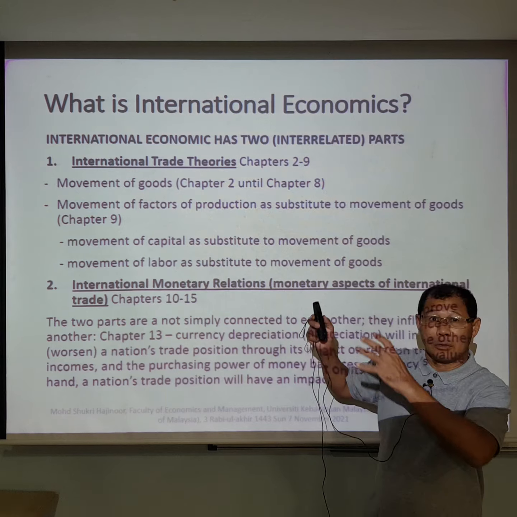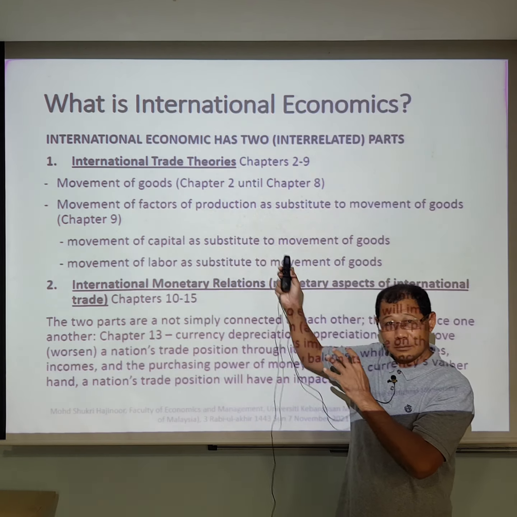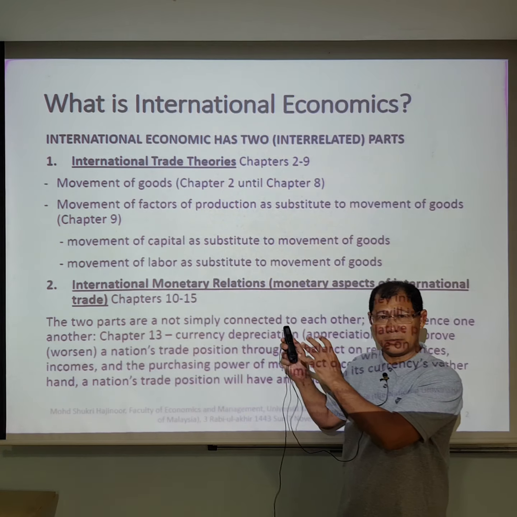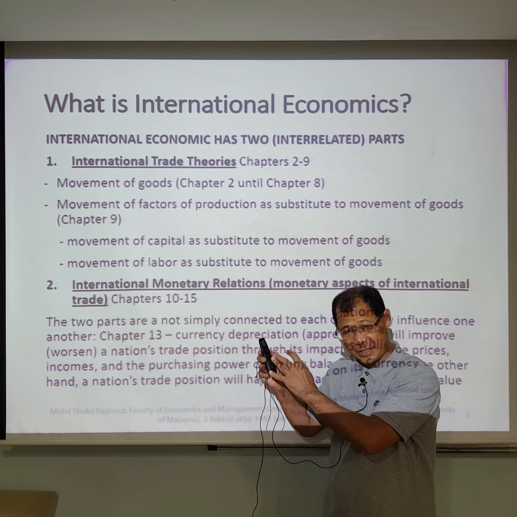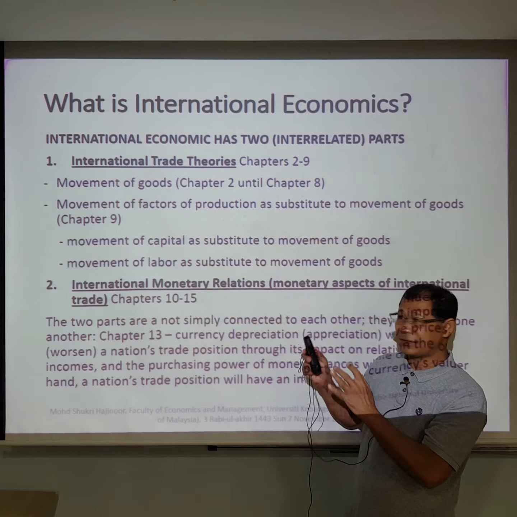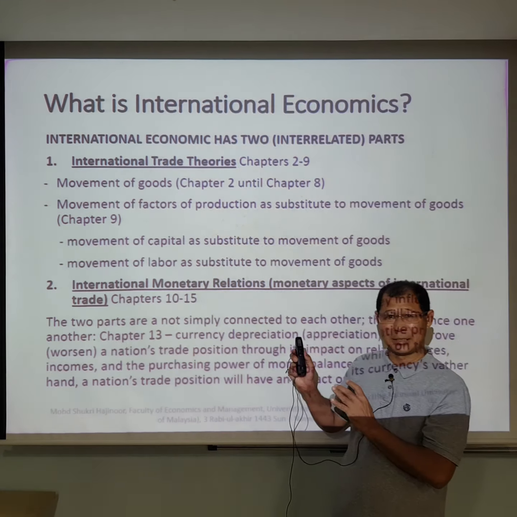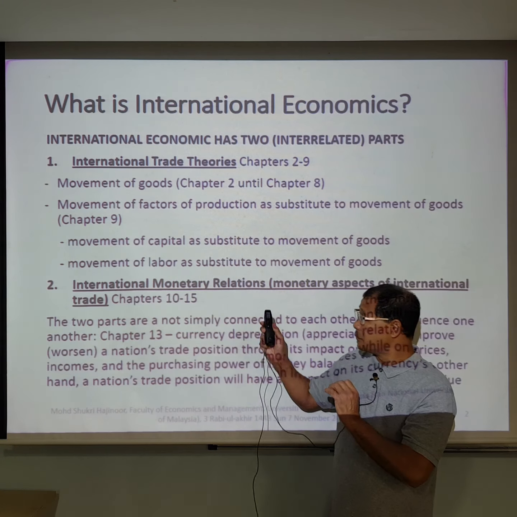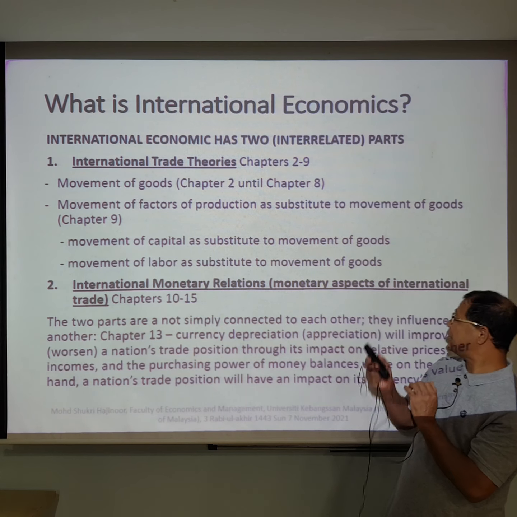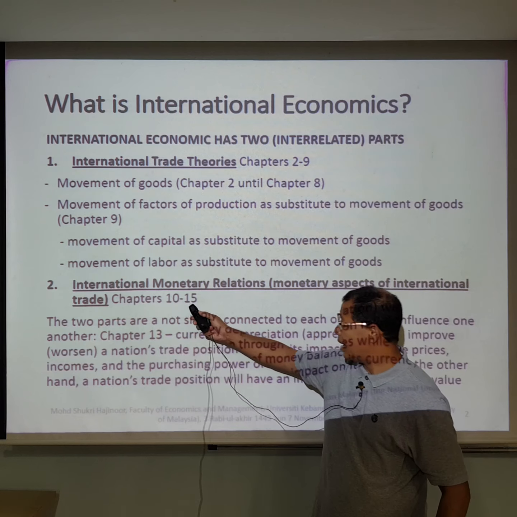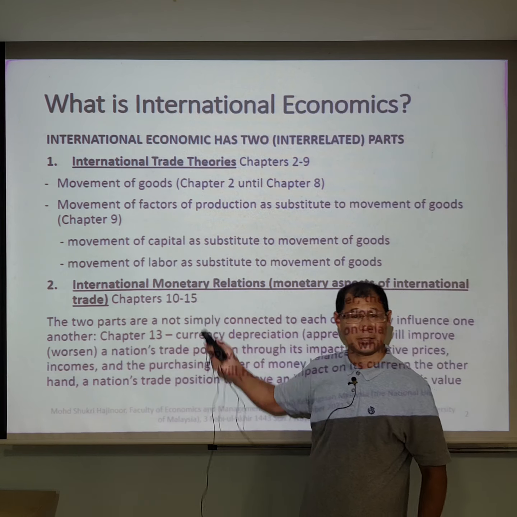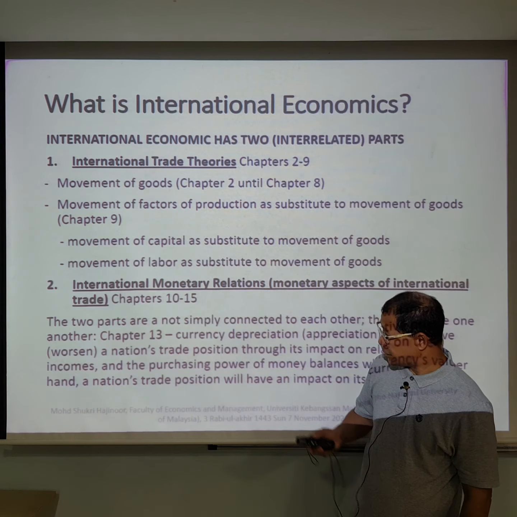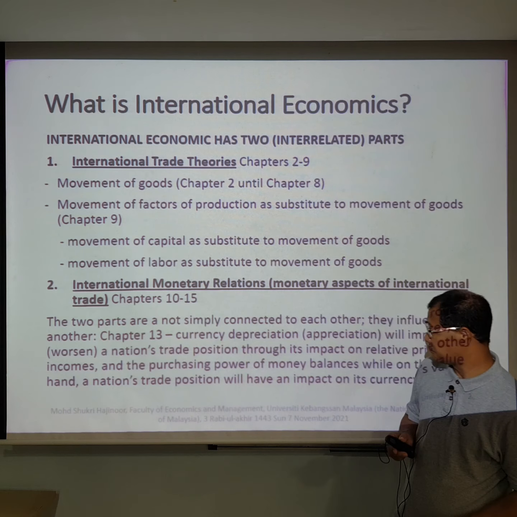And then the first part, movement of goods or factors of production, will have an impact on the monetary side of it. So we're going to study the monetary aspects of international trade that takes us into chapter 10 until 15, especially chapter 13.